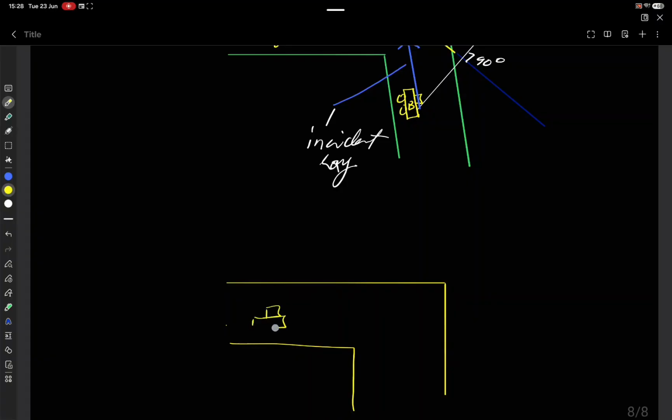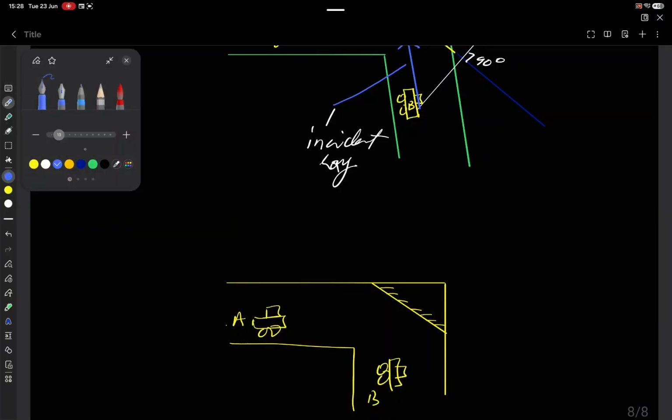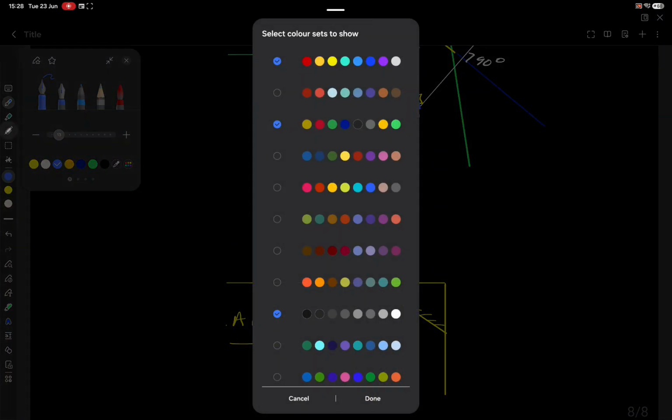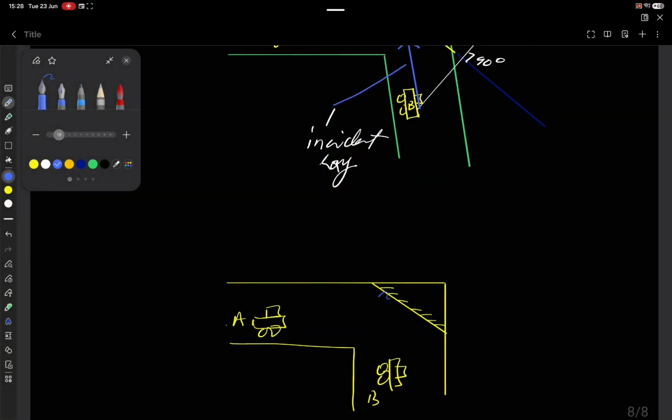So this is my car A, this is my car B, and this is the mirror. To locate the image, we need to extend the mirror.